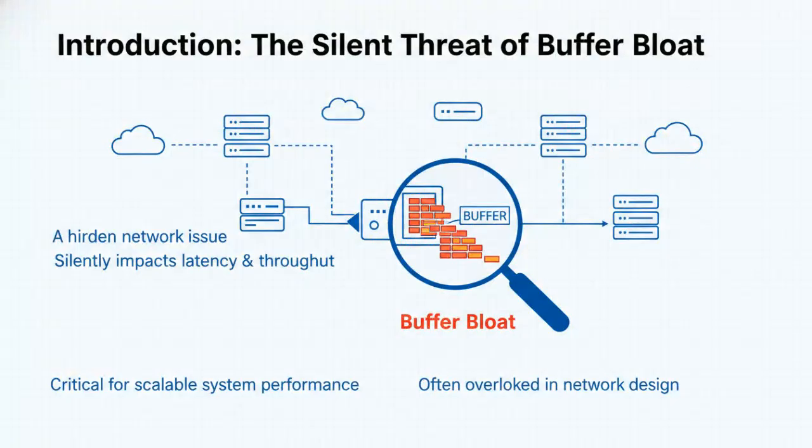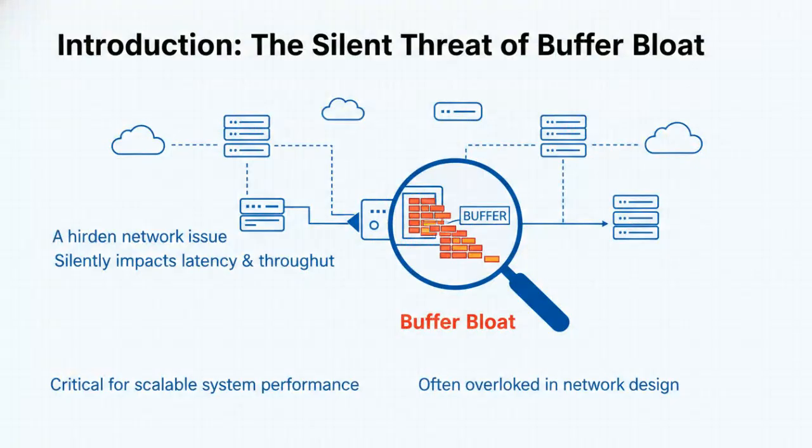Throughput trade-off. Traditionally, larger buffers were seen as beneficial for achieving higher throughput. By holding more packets, a router could keep its transmission link busy for longer, thus maximizing bandwidth utilization and throughput, especially under bursty traffic conditions. However, this comes at a significant cost: latency. Every packet stored in an oversized buffer contributes to increased queuing delay.